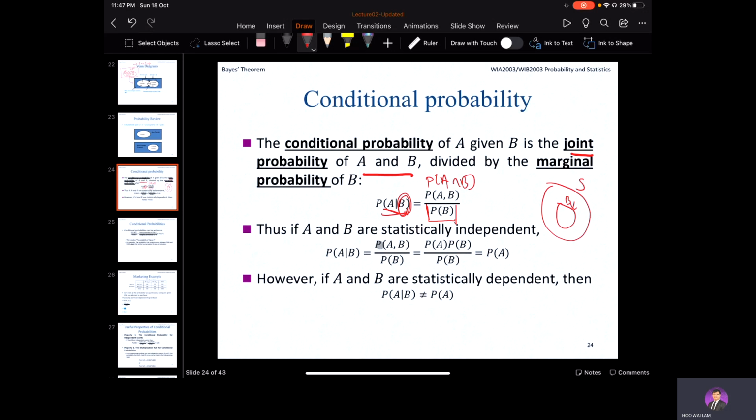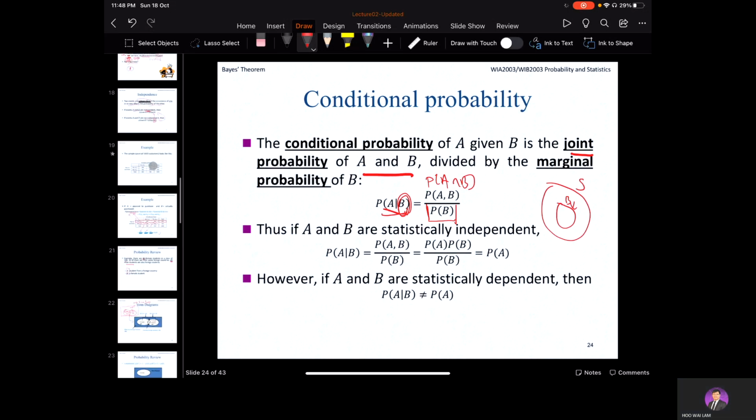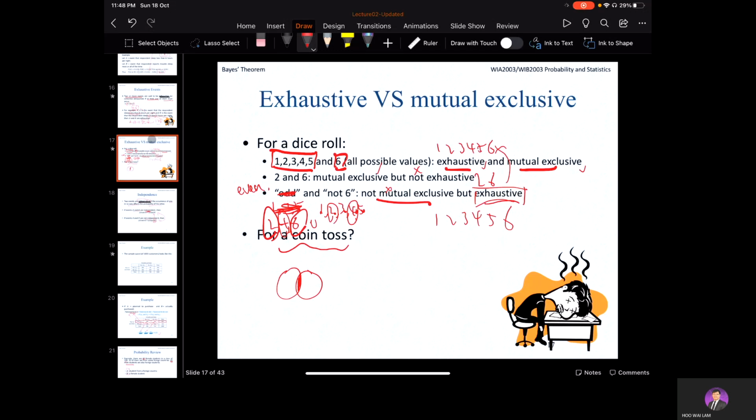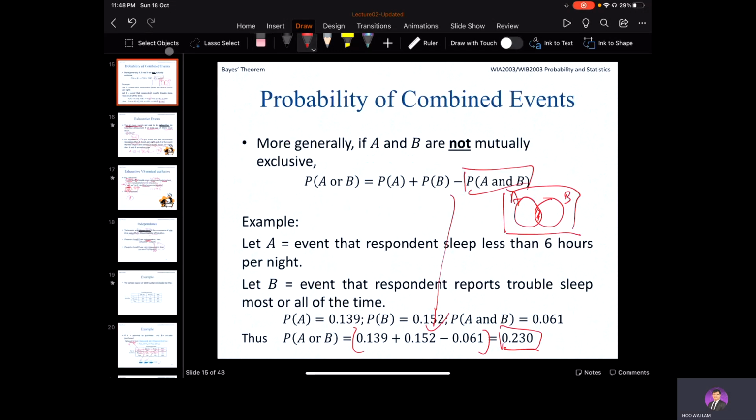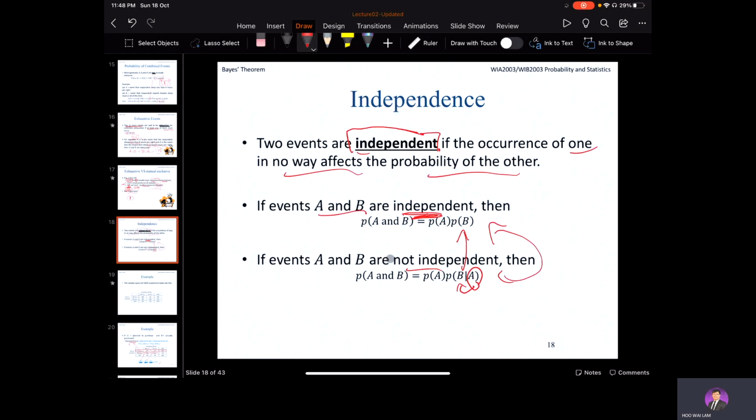Probability of A given B equals probability of A intersect B divided by probability of B. But when you have these intersections, you can expand it to become probability of A times probability of B. Why? If you still recall, I think it's a few slides back. Let me see. Independence of this one.